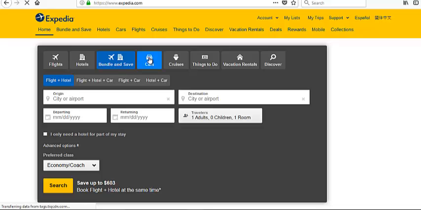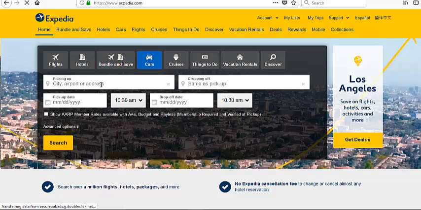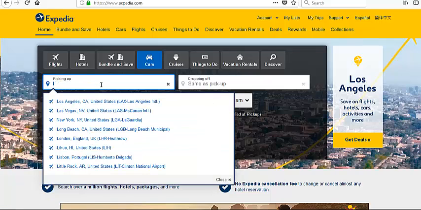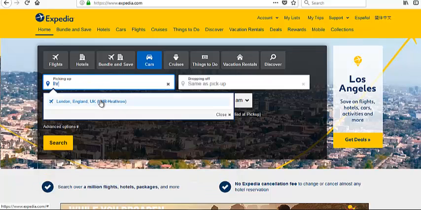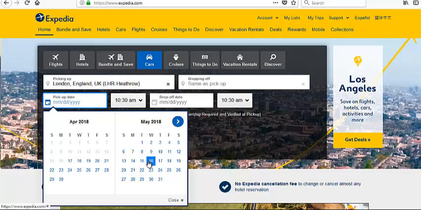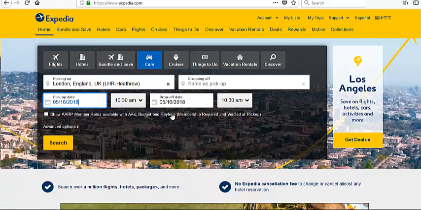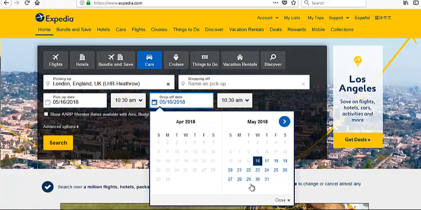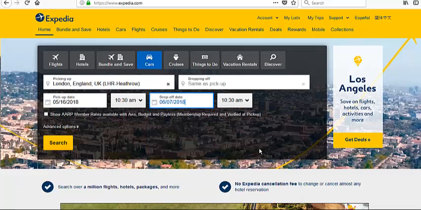So let's say I want to rent a car, and I'm going to pick it up at London Heathrow Airport. So I put LHR, which is London Heathrow, and let's say I'm going to drop it off in the same place. I'm going to pick the car up May 16th, which is what I'm going to do, and I'm going to return it June 7th. Actually I'm going to drop it off somewhere else, but we'll just pretend here.